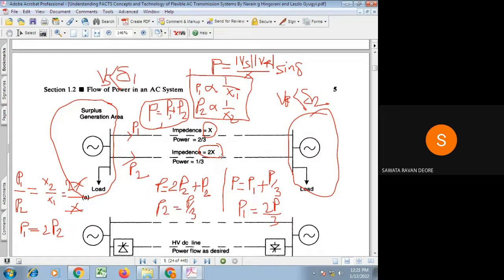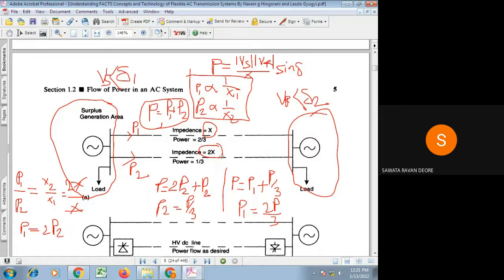Now what happens as one line gets loaded to its capacity? Further deficit in one region cannot be managed through this network, because if the deficit increases further, the further increase in power has to flow through the line, and that will overload one line, and because of that the network will fail. Obviously, it also depends on the temporary overloading rating of the lines, whether it may be possible to carry it for an hour or half an hour.